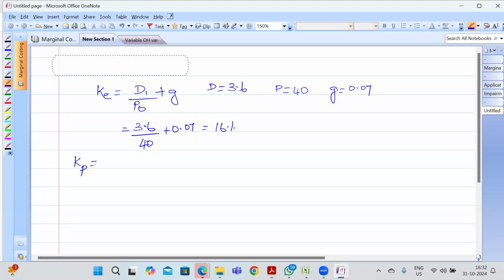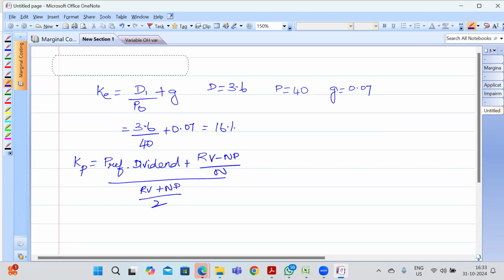Cost of preference share capital is equal to preference dividend plus RV minus NP divided by N, divided by RV plus NP divided by 2.